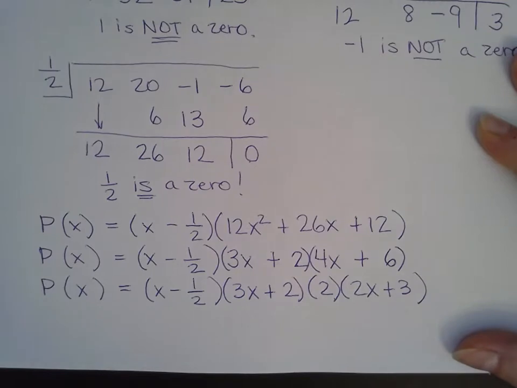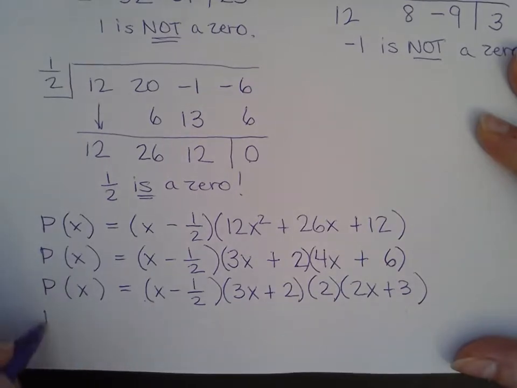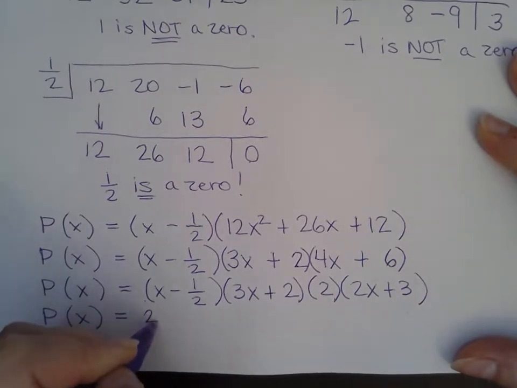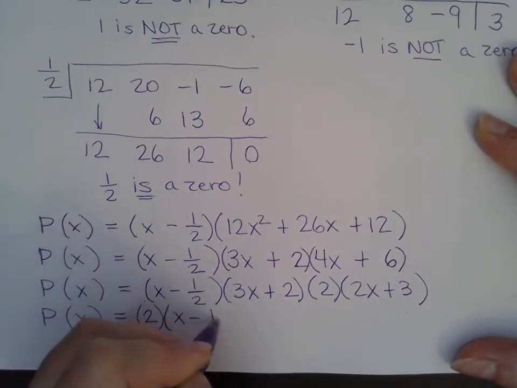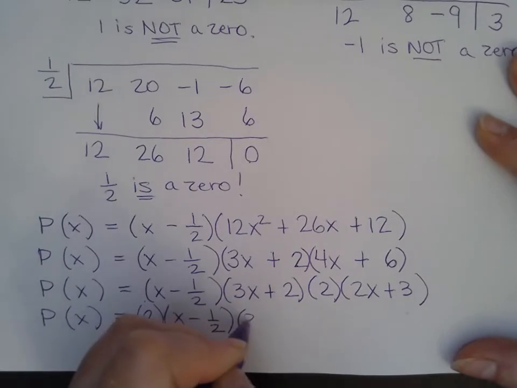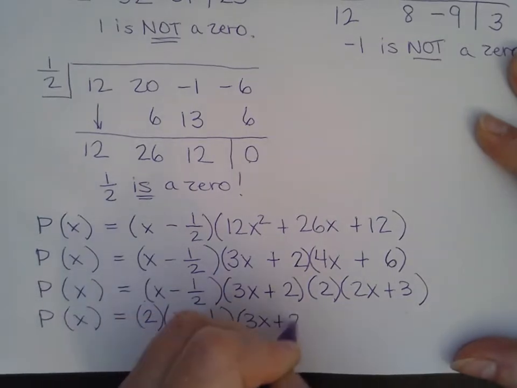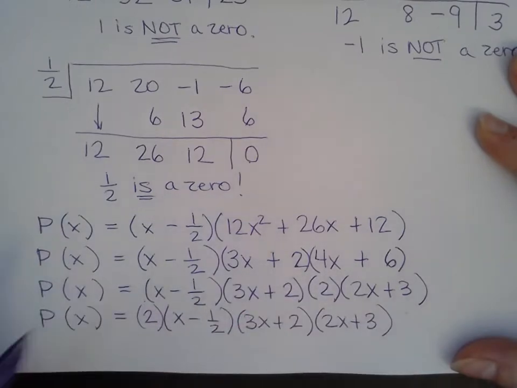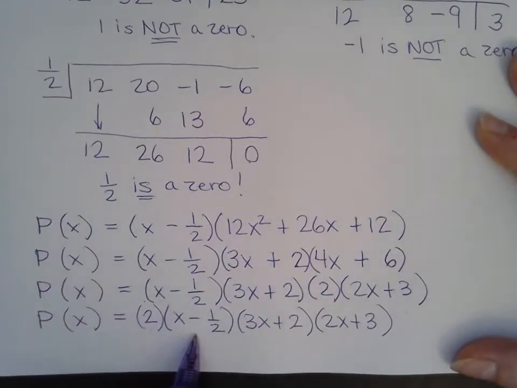Okay, and then I'm going to move it to the front. I can do that because it doesn't matter where it is, right? They're all multiplied together. It doesn't matter the order. I'm going to move the 2 up to the front. And then I'm going to multiply that 2 by this factor so that I don't have to have a fraction anymore.